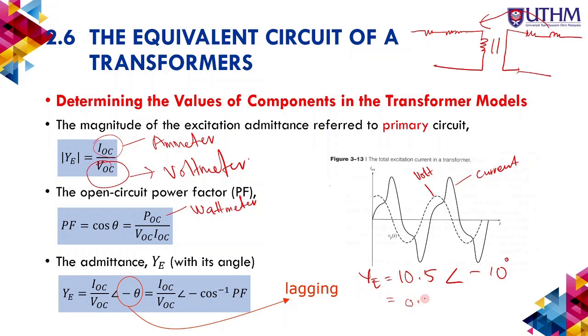So katakan sini dapat 0.05 and then minus J 0.25 contohnya lah kan. So 0.05 is GC lah. Okay, and 0.25 is the BM. Okay, then from there we can calculate the RC, and from here we can calculate the XM. Okay, so don't worry, later we will see the example.